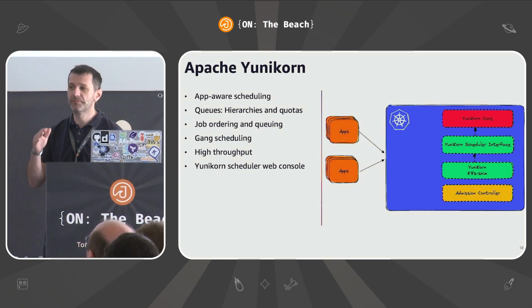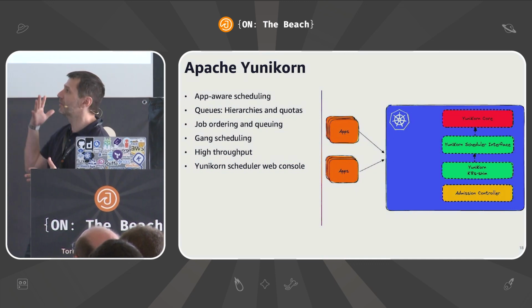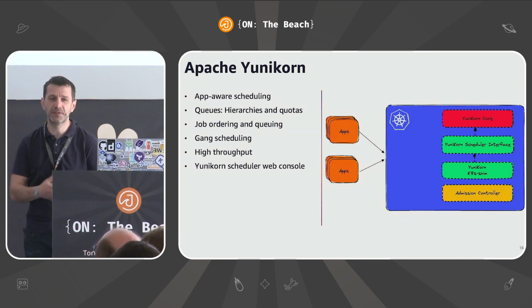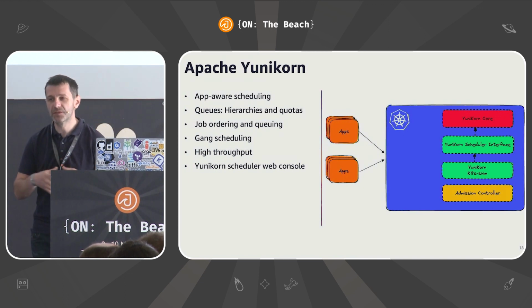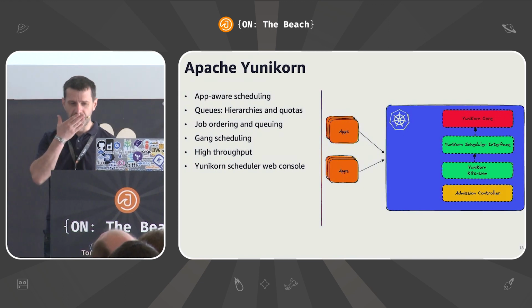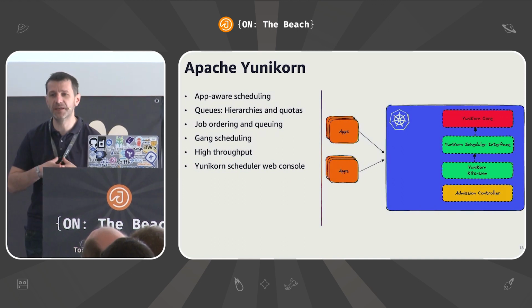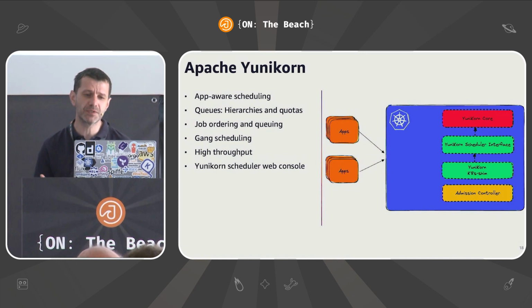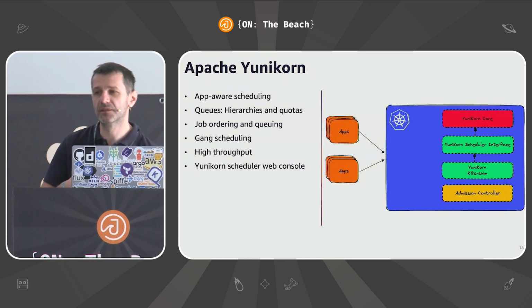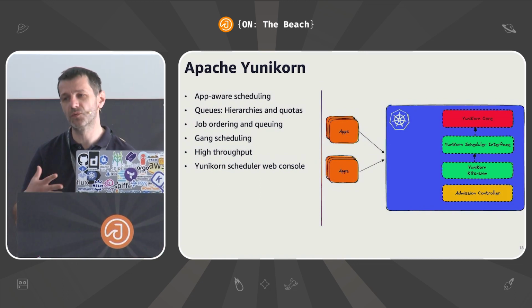So in our demo, you might consider an open source project like Apache Unicorn. Apache Unicorn is a batch scheduler. It is specifically made with a framework for Spark and PyTorch. It is designed to handle mainly batch workloads.